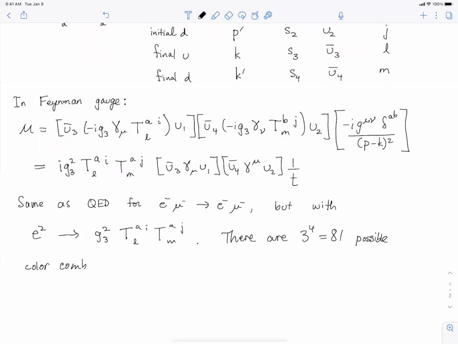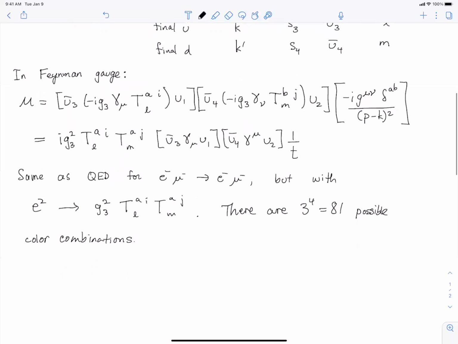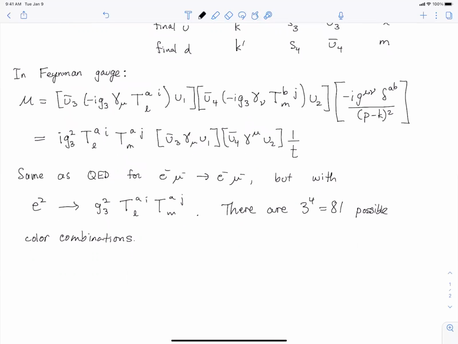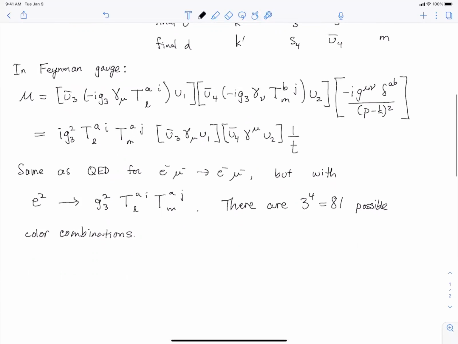And we certainly don't want to keep track of all 81 of them separately, even though we could, and even though a lot of them actually turn out to be 0, because one or more of the corresponding matrix elements will turn out to be 0. But really what we want to recognize is that we need to average over the initial colors and sum over the final colors, because they're not going to be observed.